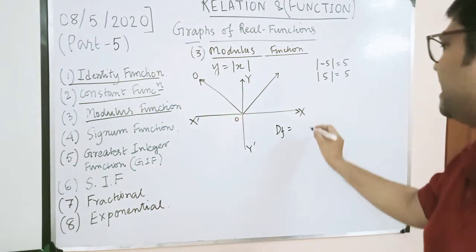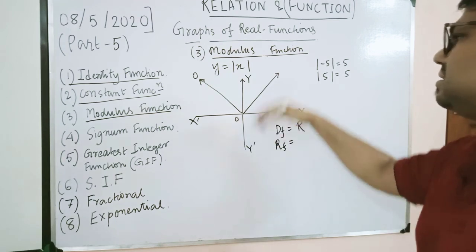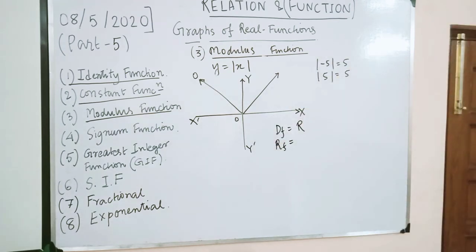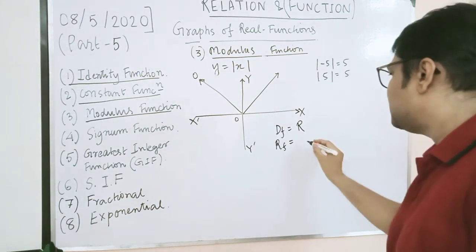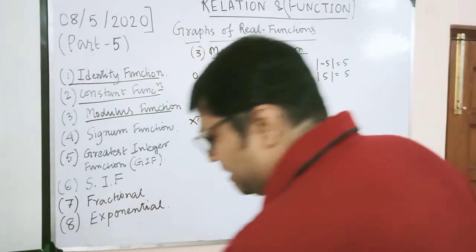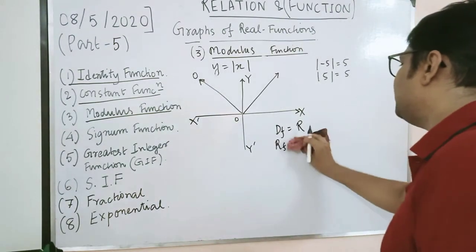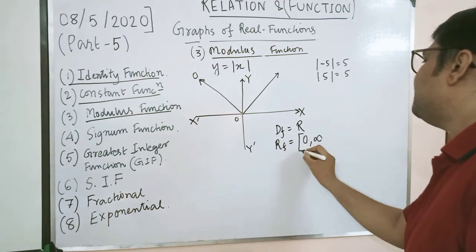That means the domain is always R, whereas the range is not fixed, range is positive. That means it's not coming down, it's going up. So you can say R plus, or better to write something like 0 to infinity. That means it's positive.